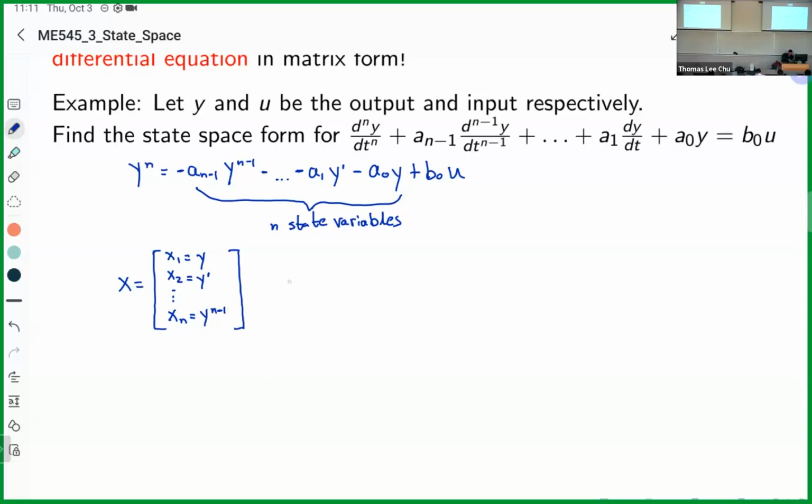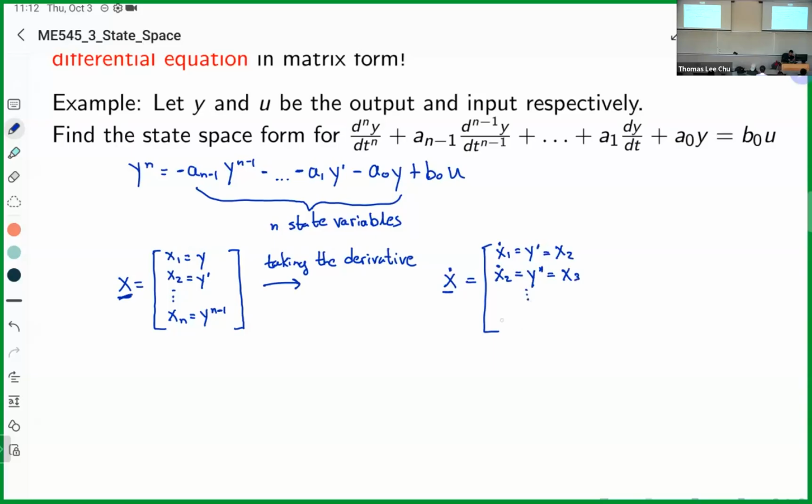And then when I take the derivative, I get x dot. So this state vector is x1 dot, which is equal to y first derivative, which is actually equal to x2. x2 dot is equal to y second derivative, which is equal to x3.